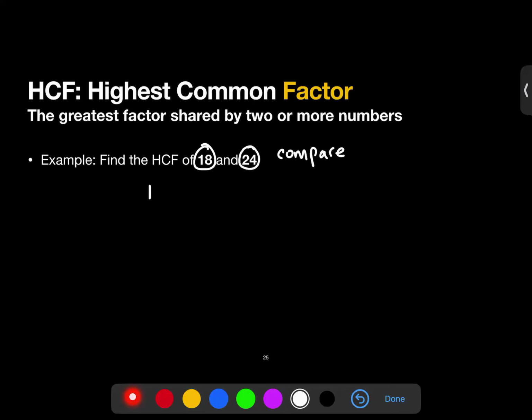Then we will continue with 2. Is 2 a factor of 18? So 2 is a factor, 3 is also a factor. Now we'll move to 4. Is 4 a factor? No. And what about 5? And what about 6?